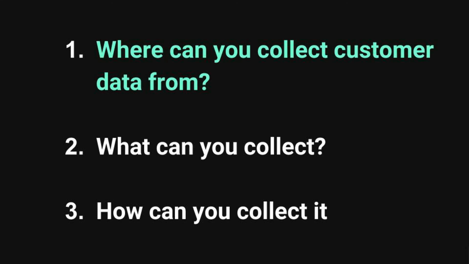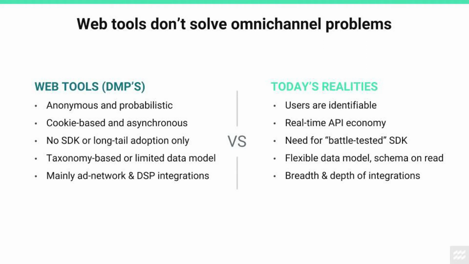Now this may seem like a no-brainer, but the first question to ask of your martech stack's mobile capabilities is if you can even collect data from mobile efficiently. The truth is, not all marketing clouds and data platforms are ready to collect data from all of your customer engagement channels. Many legacy systems, like DMPs and tag managers, were built to collect data from web properties, and that's what they do best.